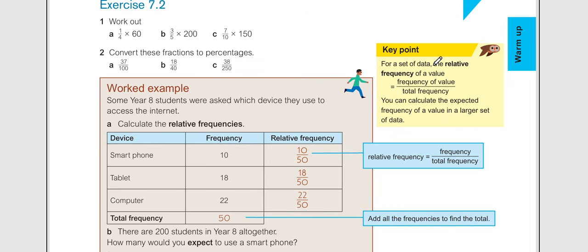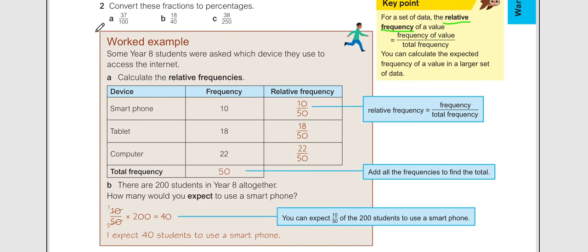For a set of data, the relative frequency, this is bold because you should know this term. Relative frequency of a value equals frequency of the value divided by the total frequency. You can calculate the expected frequency of a value in a larger set of data. Right? So let's see some examples here.